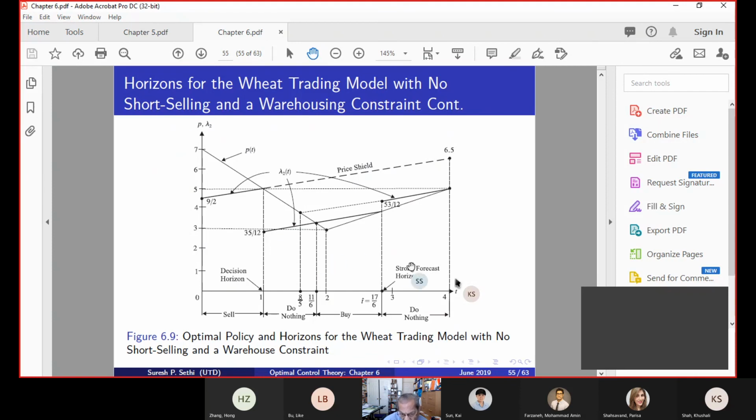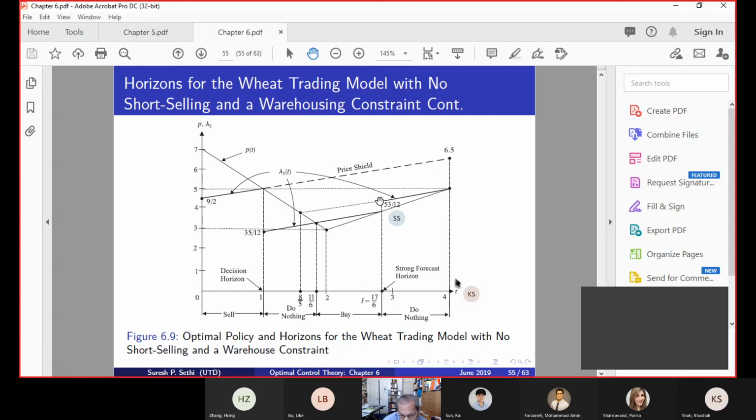Okay, so I solve the problem for period 4, and I find a solution up to here. And then my price forecast is given by this and this. This is my price forecast. And this is a control problem of chapter 4, with state constraint. I can solve the problem. So my optimal solution is given by this formula and then by this, and then this.